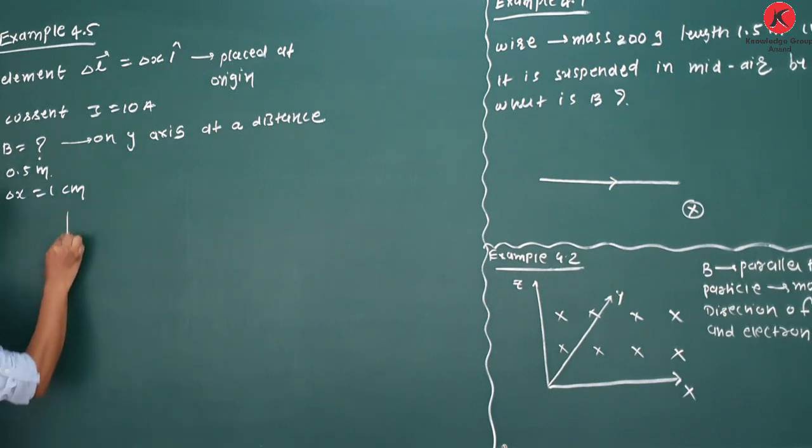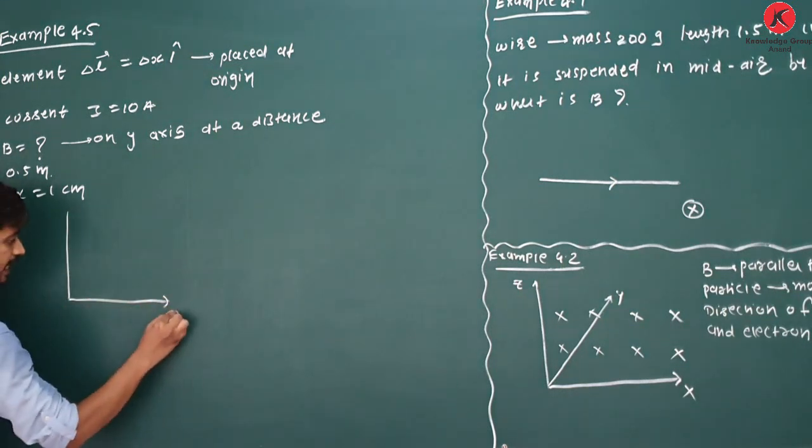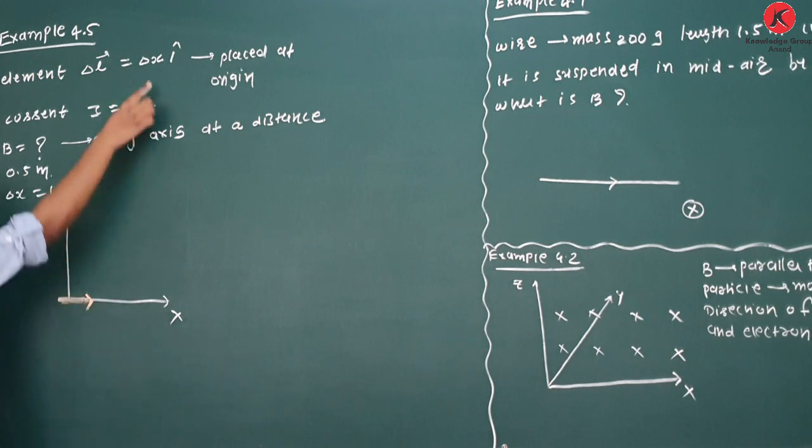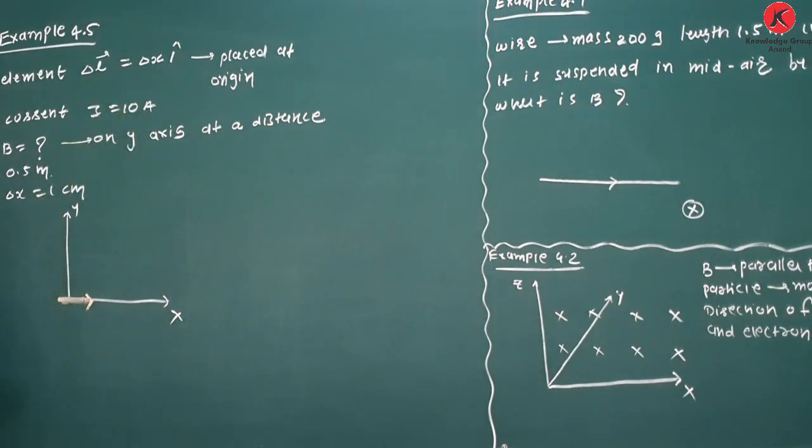First of all, let x-axis, y-axis, origin. Element delta L is placed at origin, and its direction is in this direction. See, delta x i. Yes or no? Yes, it is. So yes, it is element delta L. So how to write the element?